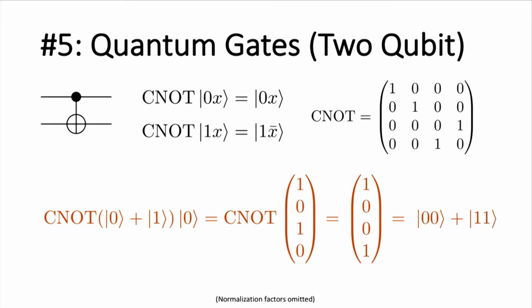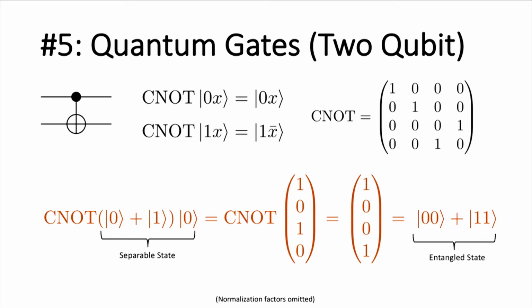So what do I mean by it creates entanglement? Well, in the input state, I gave you a description of the quantum state as being 0 plus 1 on the top qubit and 0 on the bottom qubit. But in the final state, the entangled state, we have 00 plus 11. And there's no way to factor that into a description of a separate state on the first qubit and a separate state on the second qubit.